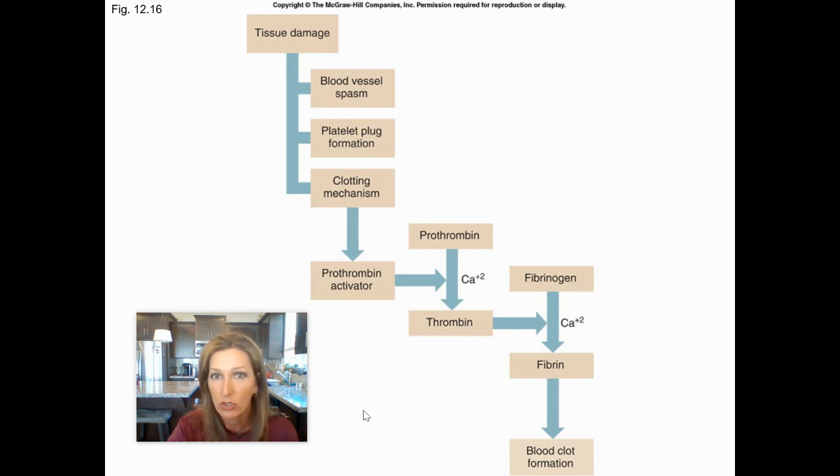That's one of the issues with atherosclerosis: it could trigger a clotting process in some of your vital arteries that fuel the heart. That's going to lead to a heart attack when you start getting clots that build up in some of these vital lines.